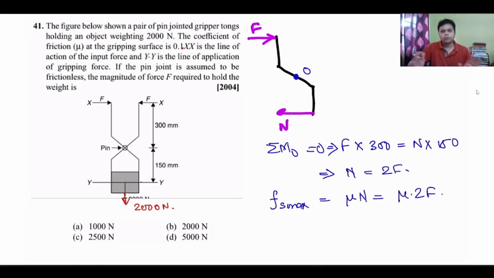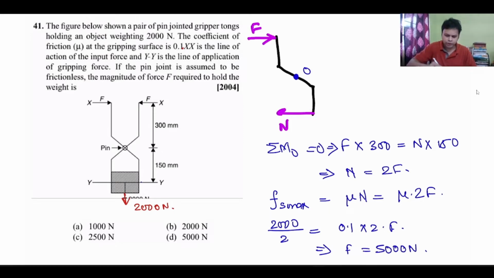Now friction force will be on both the sides, so one friction force is 2000 divided by 2, equal to mu into 2 into F, where mu is 0.1. So this implies F is equal to 2000 divided by 0.1, that is 20,000, divided by 4, which comes out to be 5,000 Newton.